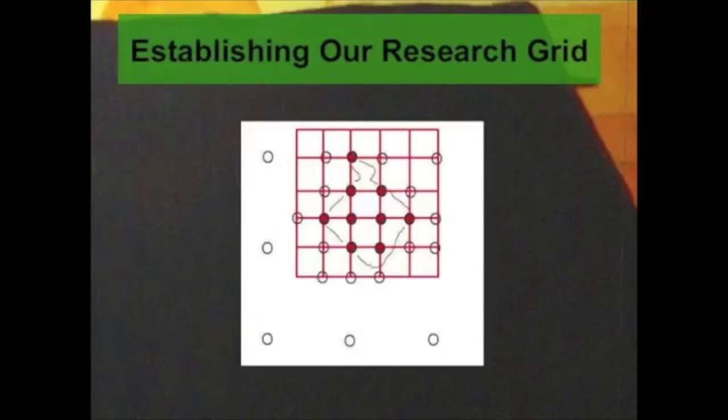Once this extent is understood, a research grid is superimposed over the feature, and a closer examination of the feature will continue. In this case, we will see larger test units being implemented and a larger portion of the feature actually being exposed.